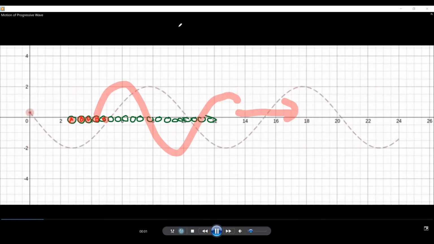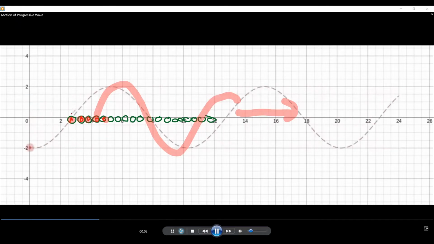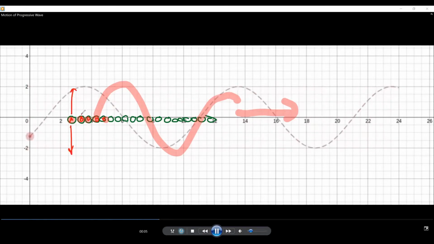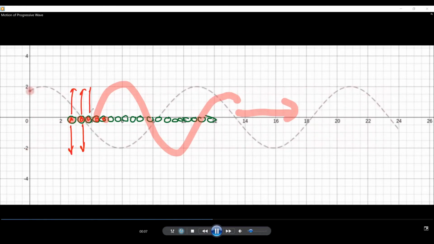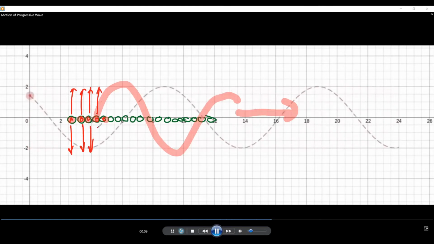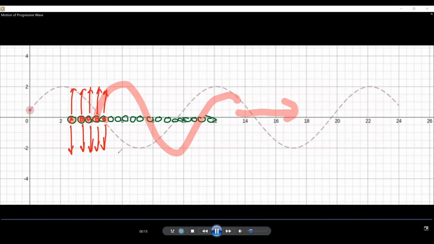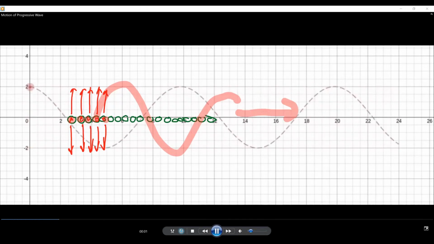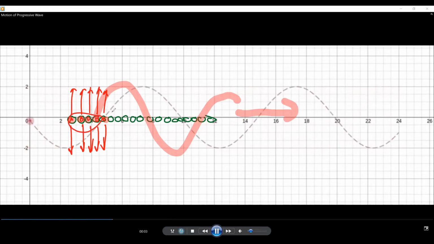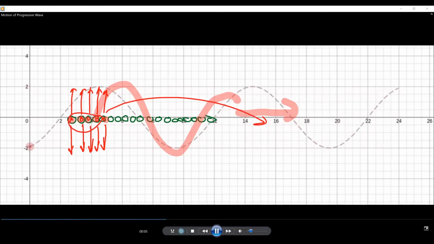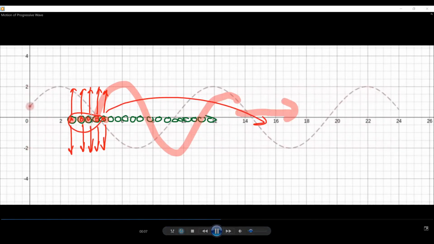What they're actually doing is only oscillating about their equilibrium position, up and down. Since they're only oscillating up and down, they are not being transferred from one end to another. They're still there as the wave travels.